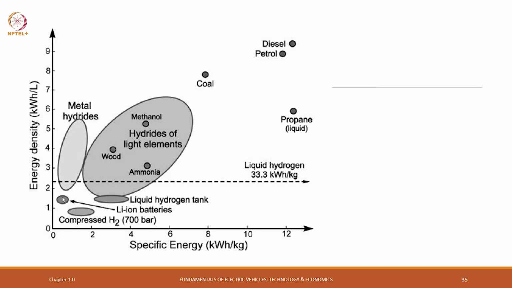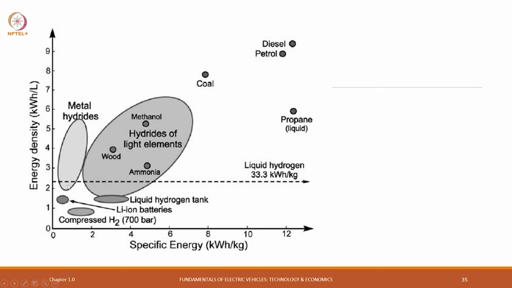But it is not just the lithium ion battery. Compressed air, hydrogen, which we are talking about for the future, you see even worse. It is even lower watt hour per liter. Volume wise it is worse, weight wise it is slightly better. So, it is 1 to 2 kilowatt hour per kg.